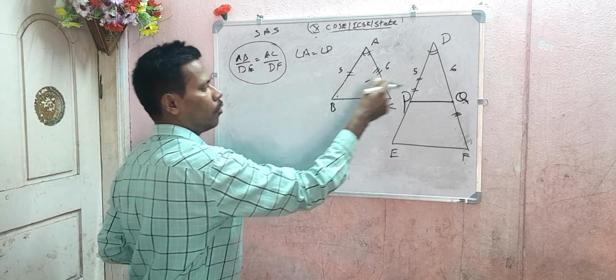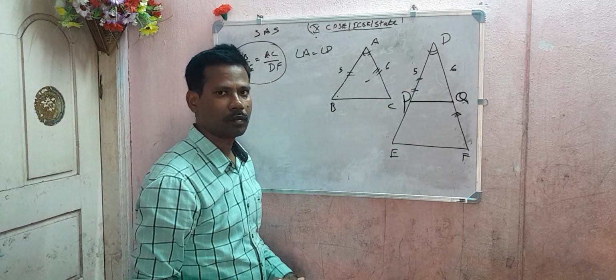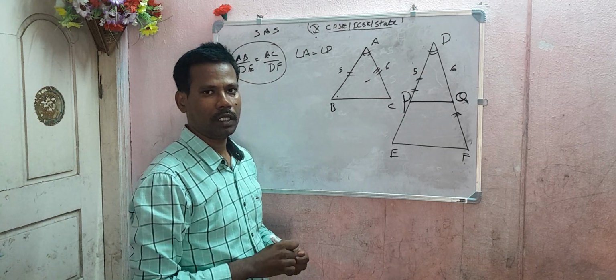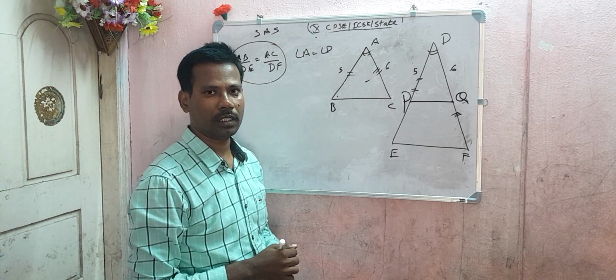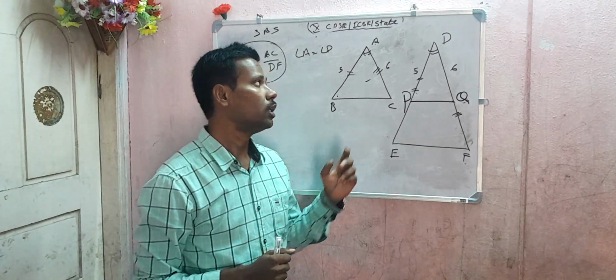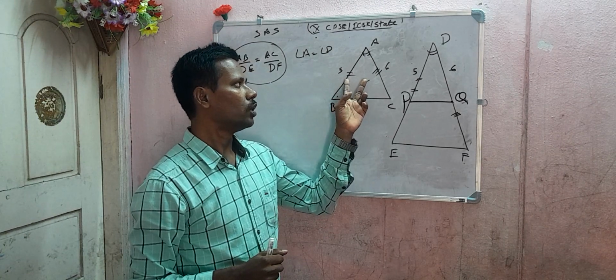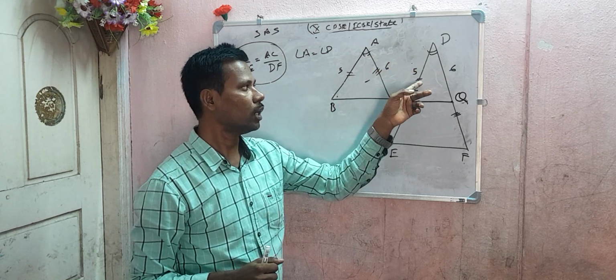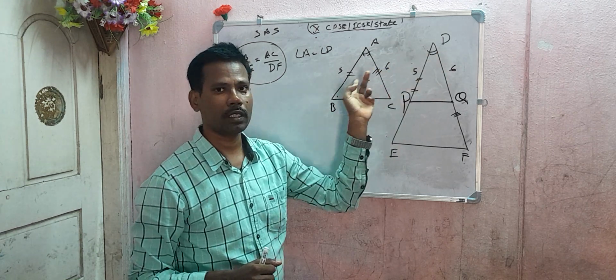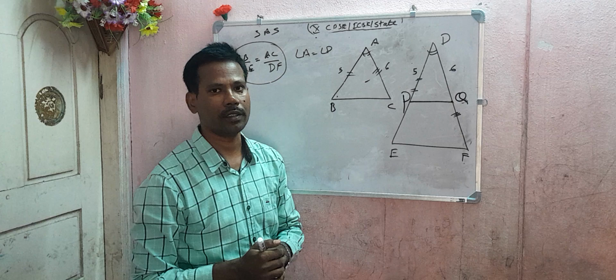Can anyone tell why these two triangles are congruent? That is nothing but the side angle side congruency property. What does it say? If two sides and the included angle of one triangle are respectively equal to two sides and the included angle of another triangle, then the two triangles are congruent.